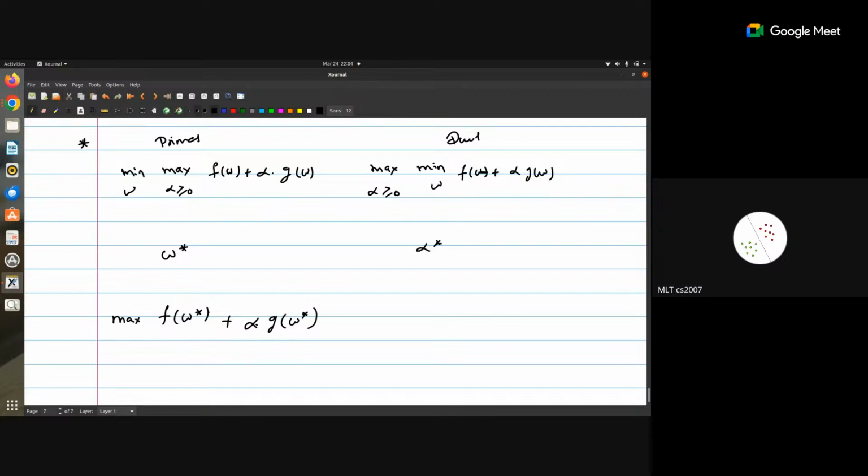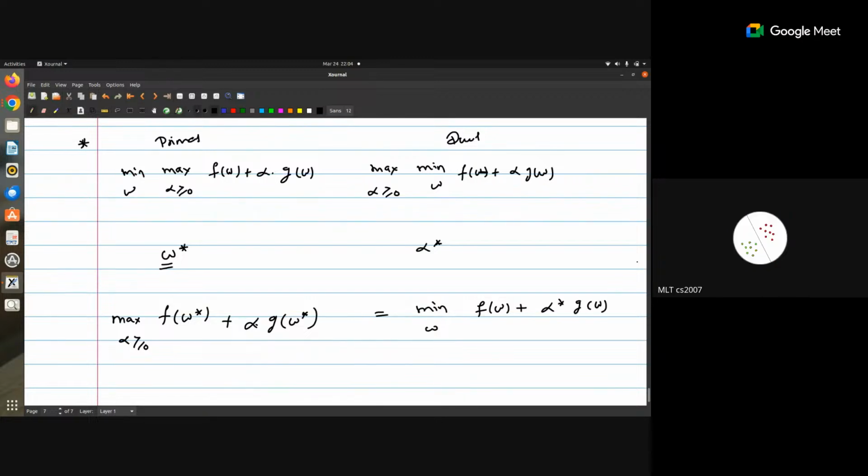In that case, I have found w star as the solution for the primal and alpha star as the solution for the dual. Then what will be this value? Max over alpha greater than or equal to 0, and here it should be equal to min over w of f of w plus alpha star into g of w, right?